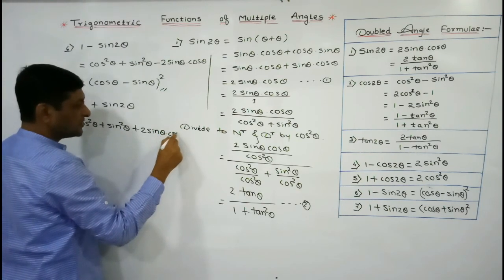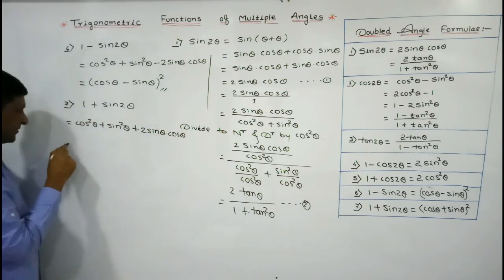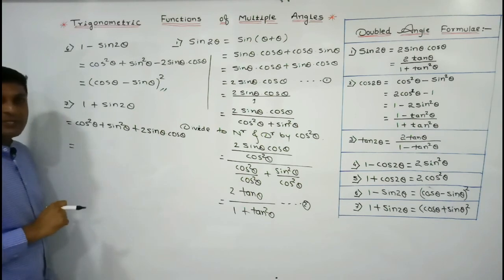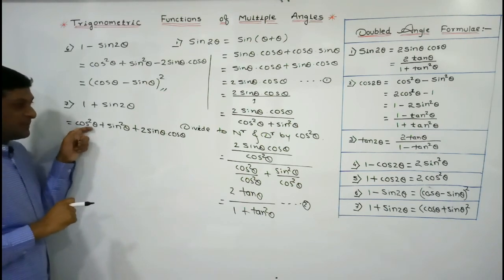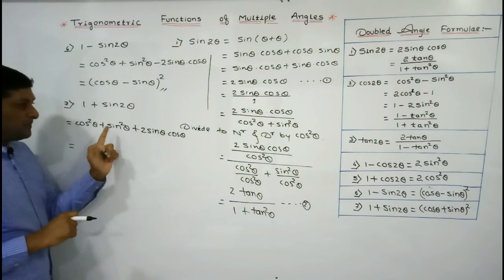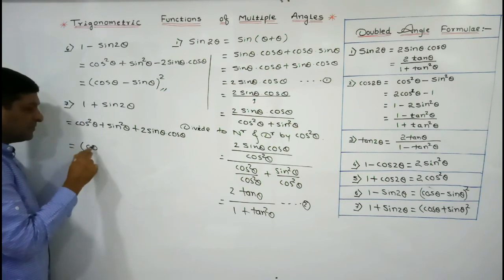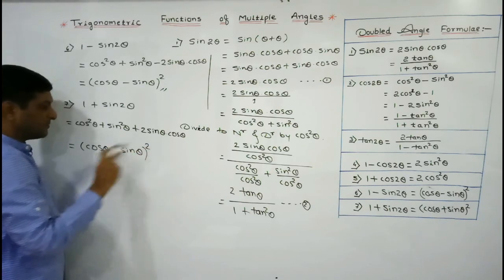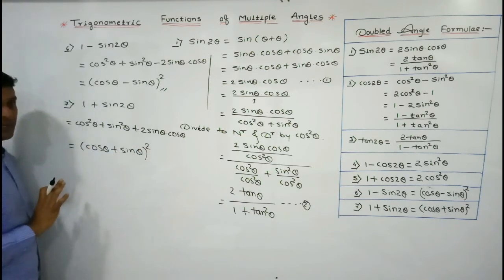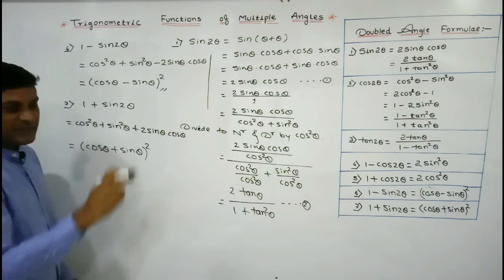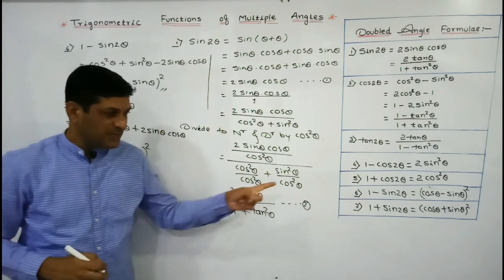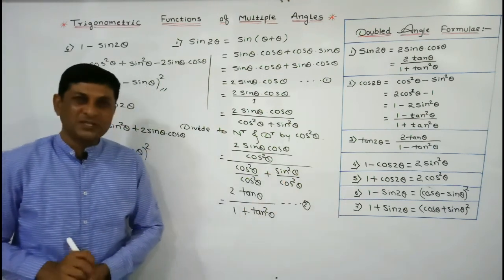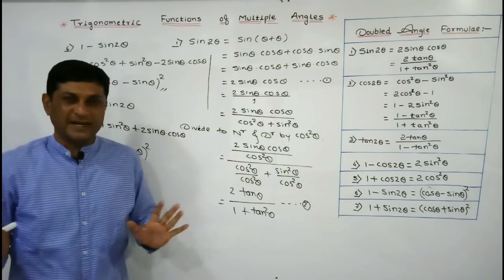Now here also we can observe that the terms are in the form of a square plus 2ab plus b square, which means it can be written as cos theta plus sin theta whole bracket square, that is a plus b whole bracket square. In this way we have proved the seventh formula also, that 1 plus sin 2 theta is equal to cos theta plus sin theta whole bracket square.